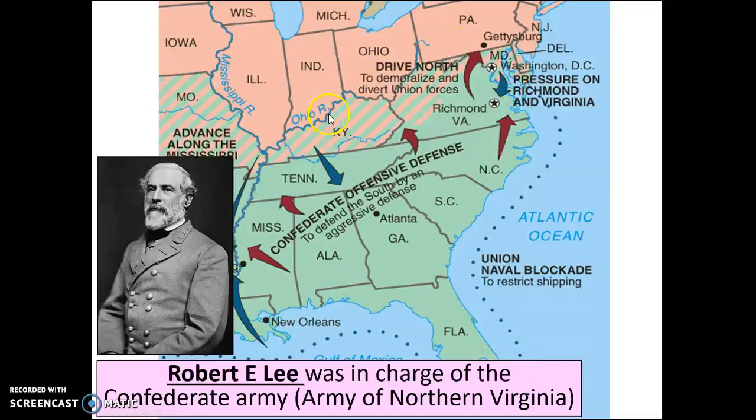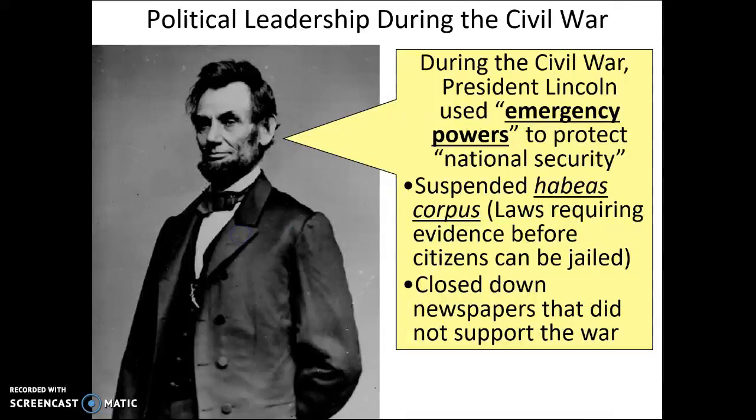Unlike a lot of the northern generals, he's a well-experienced man. He's fought in previous battles and previous wars before, and so he's going to have maybe not the manpower and maybe not the technology that the North necessarily does, but he is going to have the experience and the ability to maneuver his troops in such a way that they could pull out a victory when they should not have.